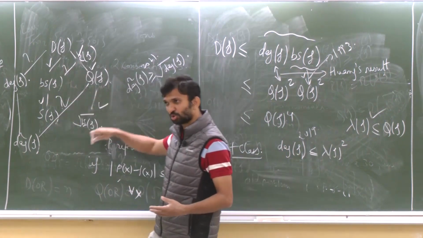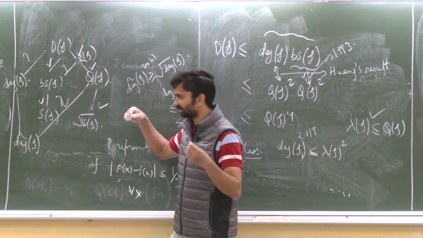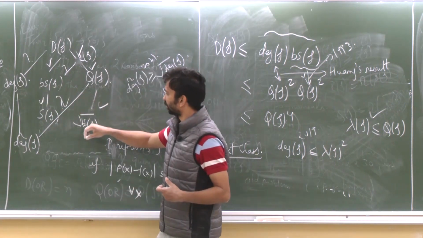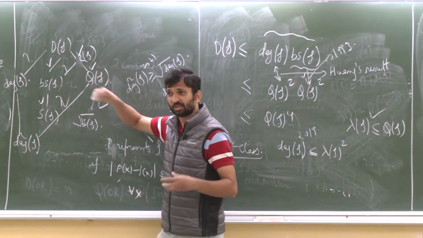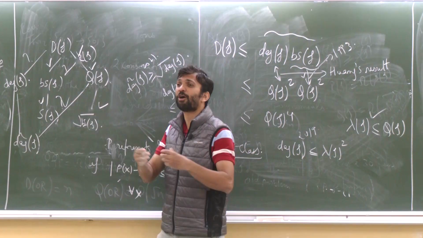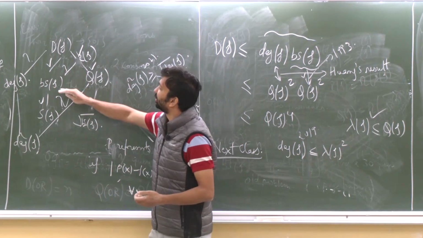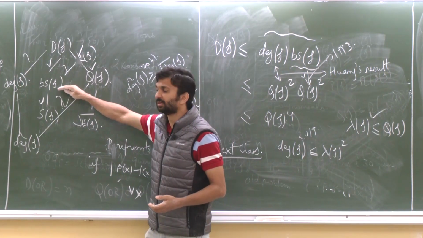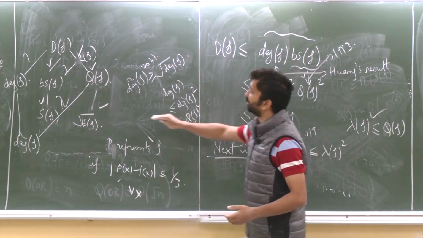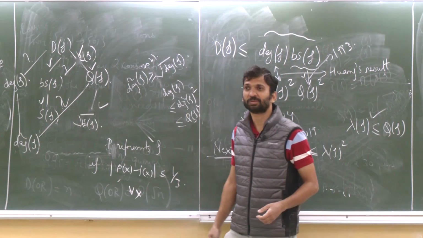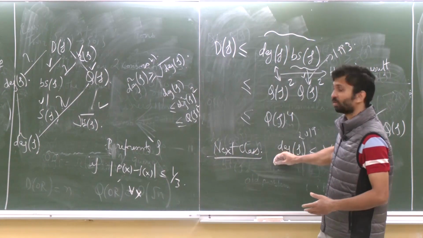You have this zoo of complexity measures: algebra, combinatorics, computation. Look at all these complexity measures, how far away can they be? Can they be exponentially far away? Most of them could not be. This showed none of them could be exponentially far away. That's why this was a big result.